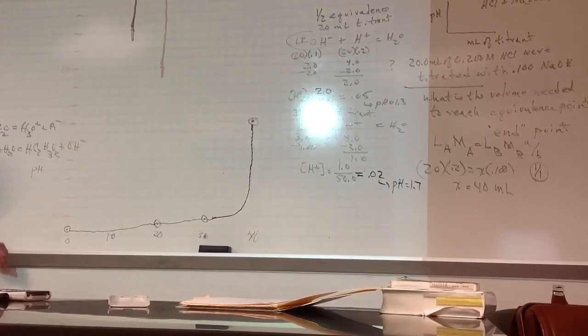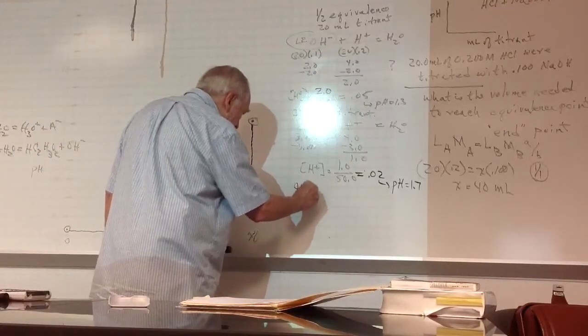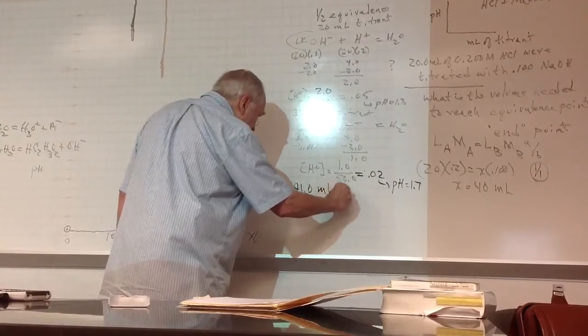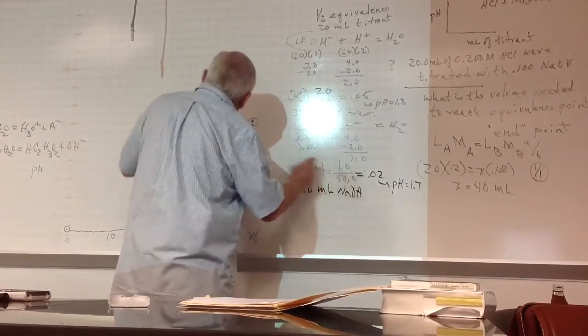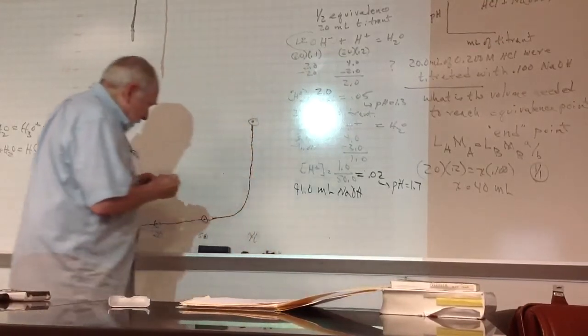What happens if I add 41 milliliters of NaOH? Excess. Yeah. I'll do the calculation here. So bring the pH back down.